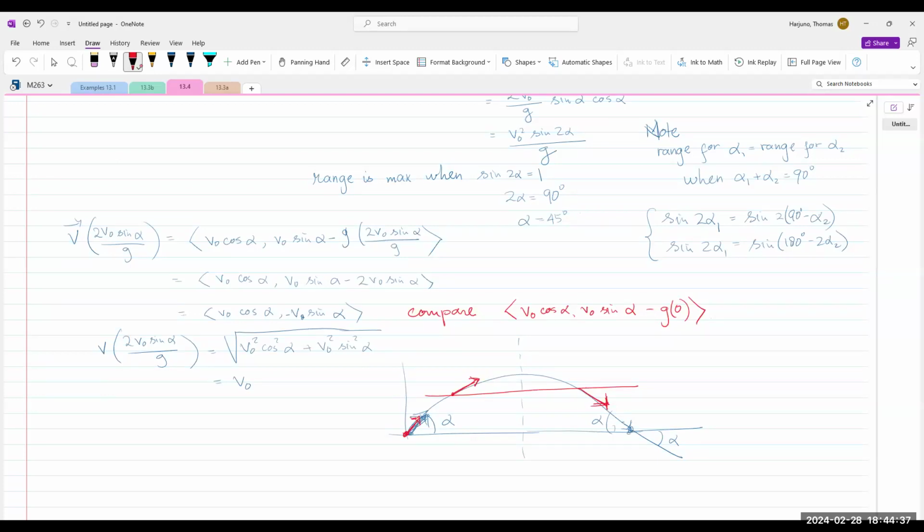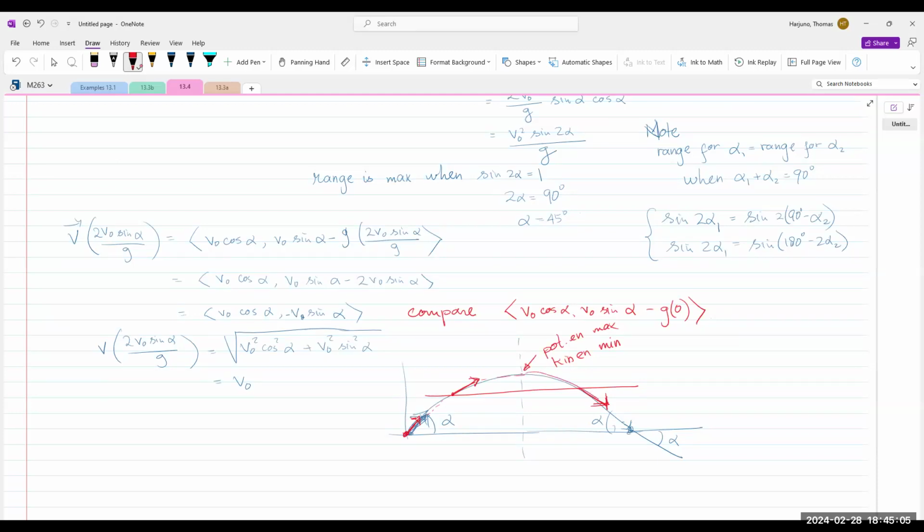Kinetic energy has to do with the speed, potential energy has to do with the height. As you go up, at the top your potential energy is maximum, yet your kinetic energy is minimum.